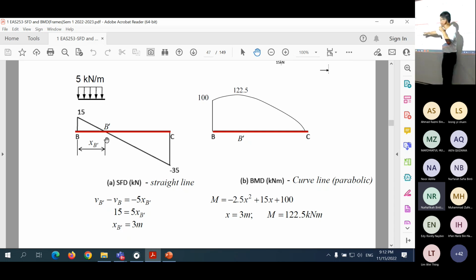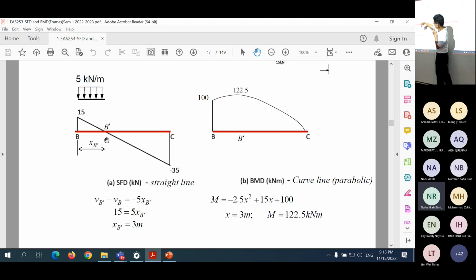So you have to calculate this distance here, because we want to get the maximum bending moment. How to calculate? We make use of the relationship that shear force at this section minus shear force at the other section is equal to the area under the loading diagram.